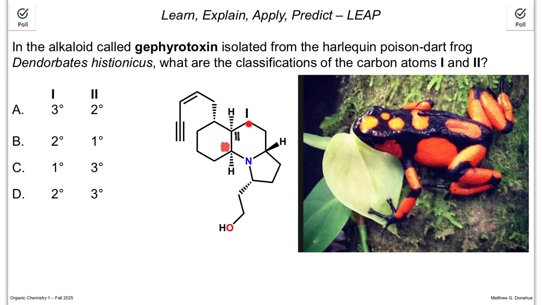So 1 has a carbon and a carbon attached to it. So that has to be secondary. And then carbon 2 here has 1, 2, 3, so that has to be tertiary. So that would kick that one out. And then we would be left with D.